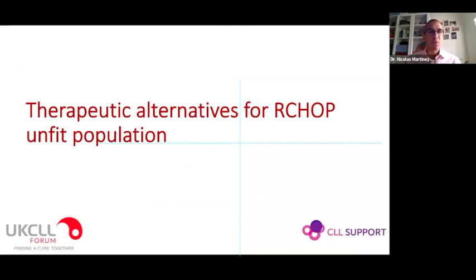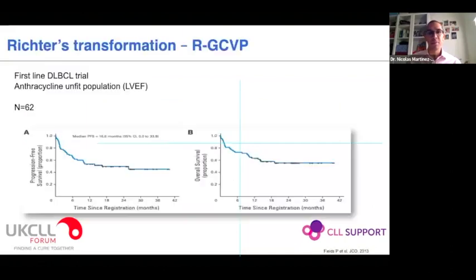So we're still giving R-CHOP, which isn't great, but obviously a third or more of patients can't even be given anthracycline because they're frail or cardiac unfit. So what do we do? This is the study published by Paul Fields in 2013 looking at R-GCVP in DLBCL. As you can see, the outcome curves are not too dissimilar to the ones that we would expect for an elderly population with DLBCL treated.